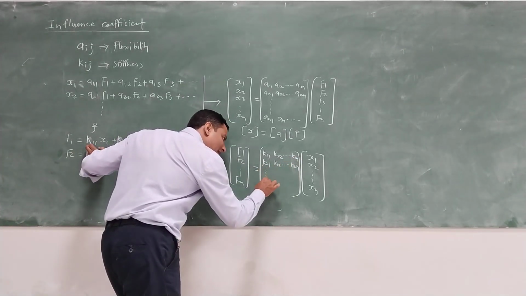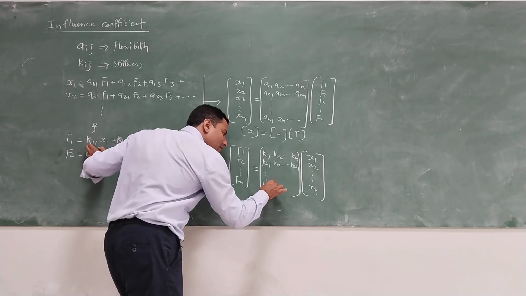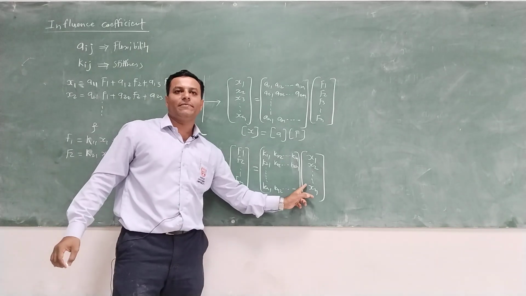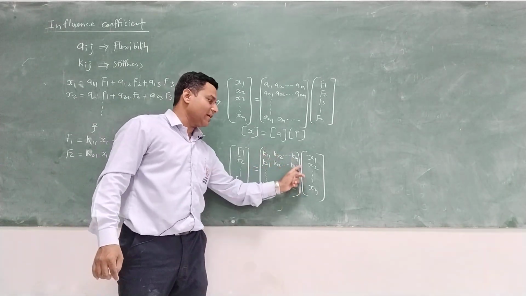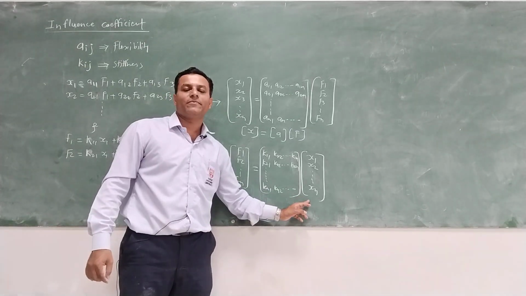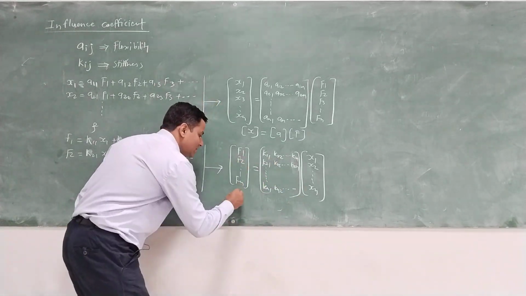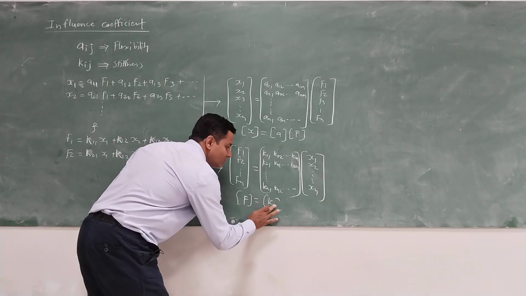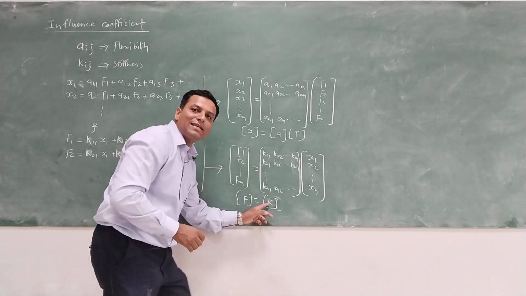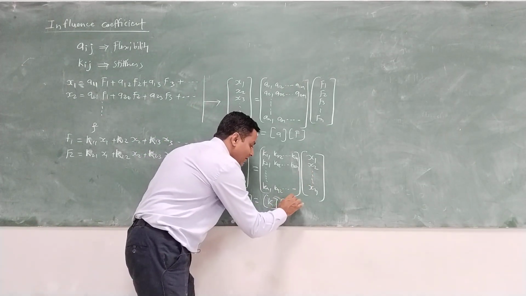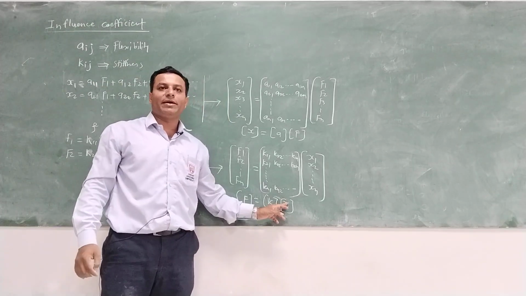And similarly we can write kn1, kn2 dot dot dot, and the last will be knn. Okay, so the matrix of this influence coefficient will be n by n. So this is the force matrix, this is the K stiffness influence coefficient matrix, and the last one is the X displacement matrix.